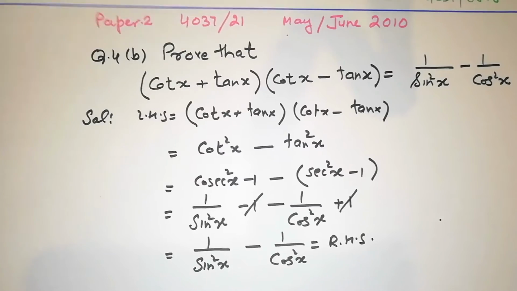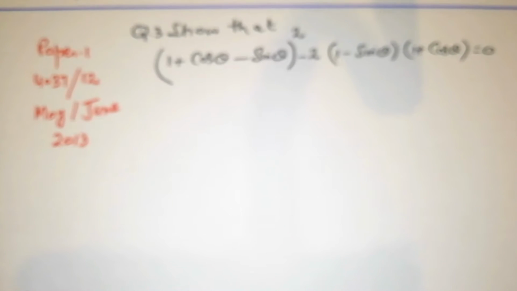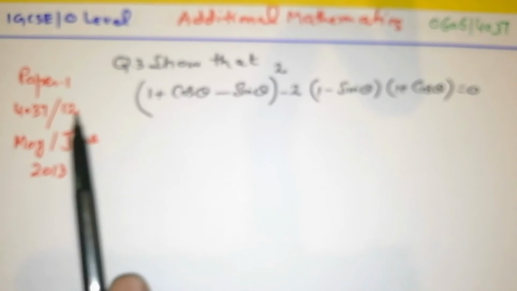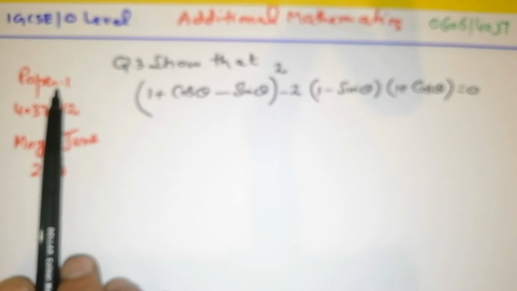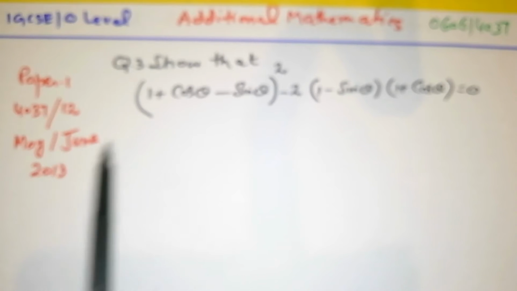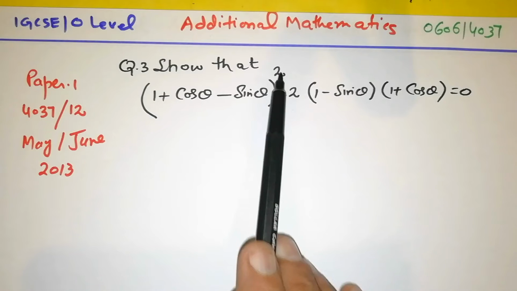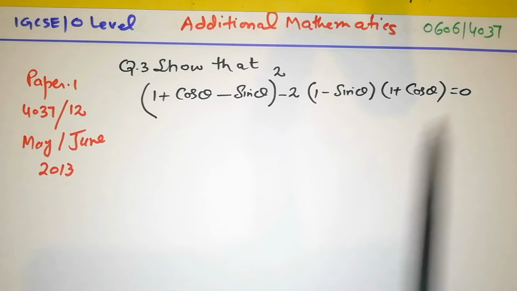Okay, now we start our next question. Question 3 here, this is question 3 in Paper 1, May June 2013: 1 plus cos theta minus sin theta, squared, minus 2 multiplied by these two terms, is equal to 0.